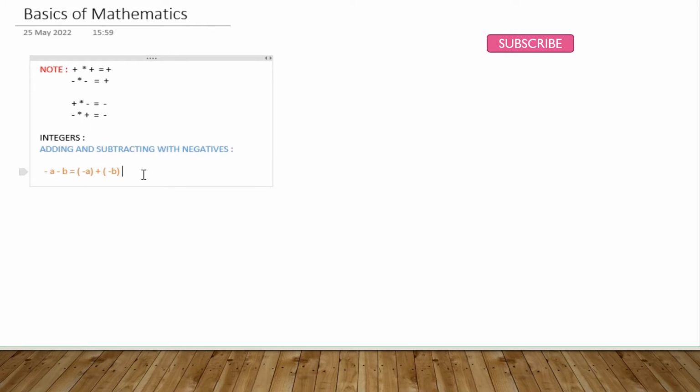This is based on the above formula. Another property is minus a plus b equal to b minus a. This is another property. Try to understand.